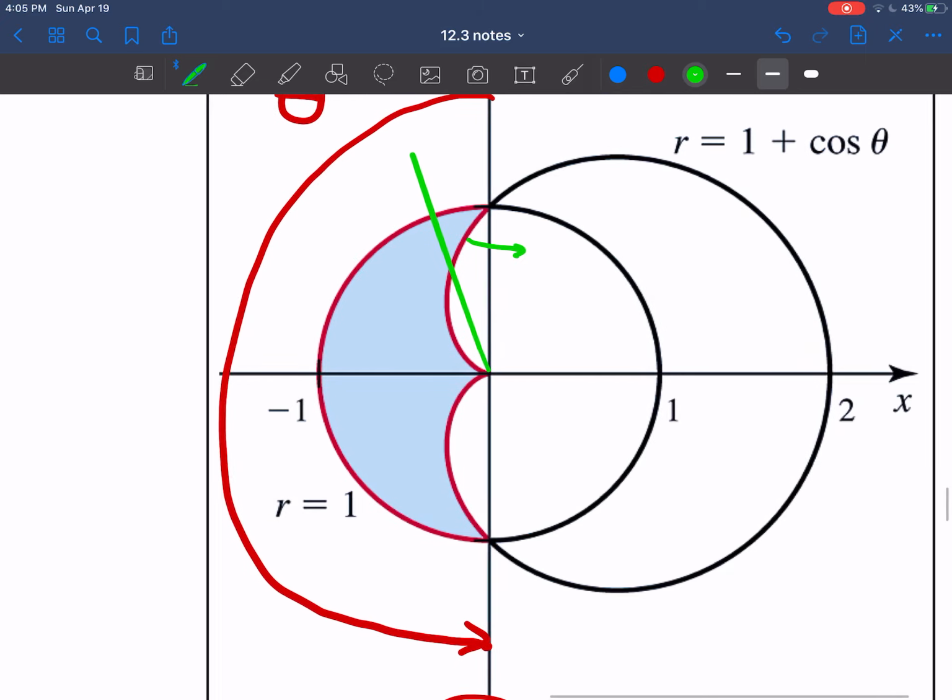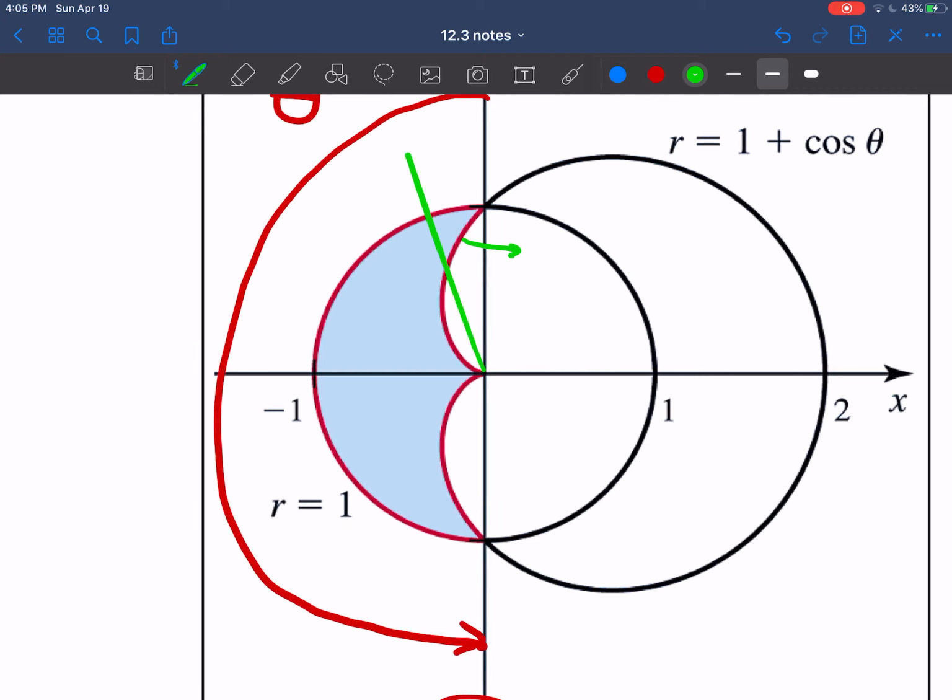And that is my cardioid, right? That is the 1 plus cosine theta. So this is my inner function. Whenever I am about to exit the region, the function that I am hitting is the circle. So this is my outer function.